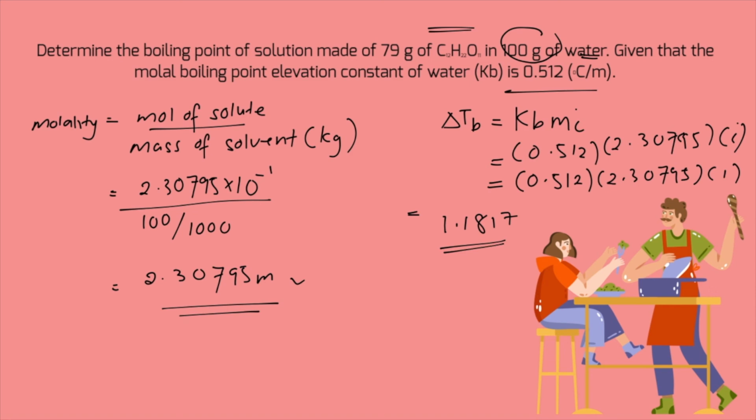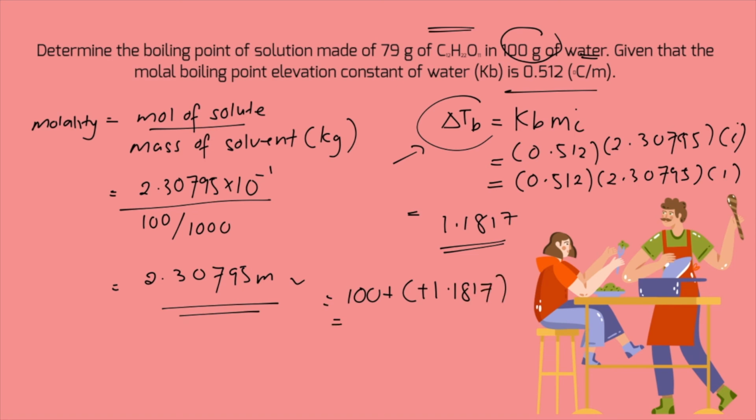From here you should get the change of temperature of the boiling point is equivalent to 1.1817. But you need to understand this is the change of temperature for the boiling water. The boiling point of water is 100, so 100 plus the change, which is positive, so plus 1.1817.